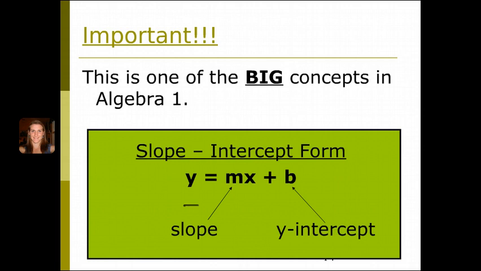Usually this is a cursive m, and a cursive m, you've already learned, is for slope, and b is your y-intercept. So y equals mx plus b, and you're going to be hearing that a lot, so get used to it.